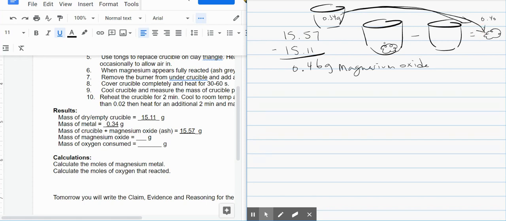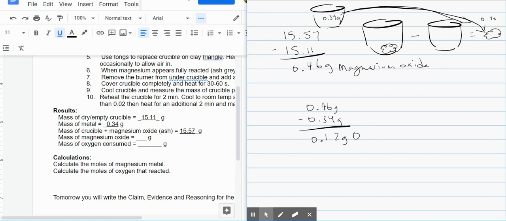Well, the mass went up, so we need to figure out how much the mass increased by. We're going to do that using subtraction. So it went up to 0.46. It started at 0.34. So that is a difference of 0.12 grams, and that is how many grams of oxygen attached itself to this magnesium.